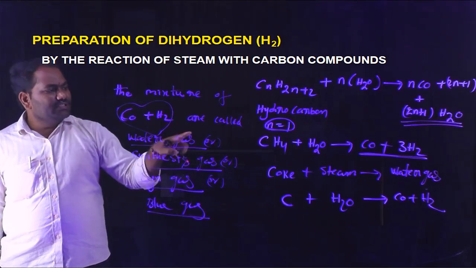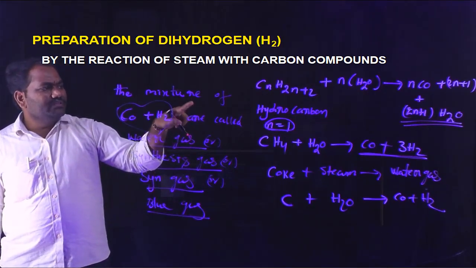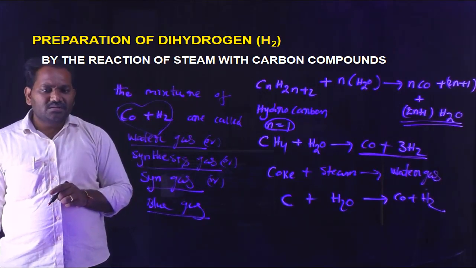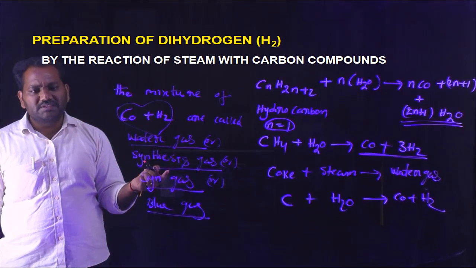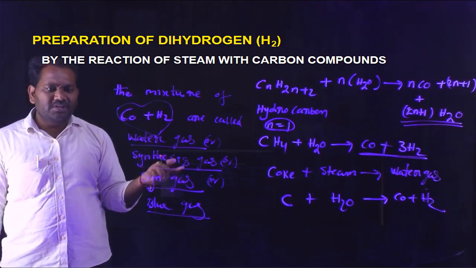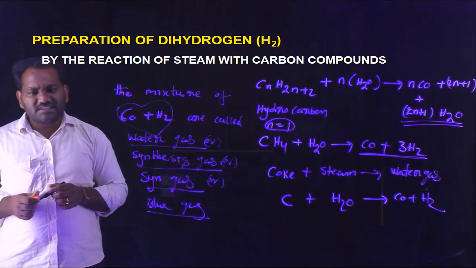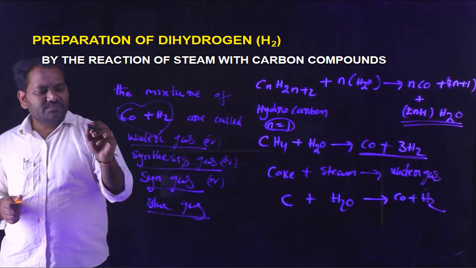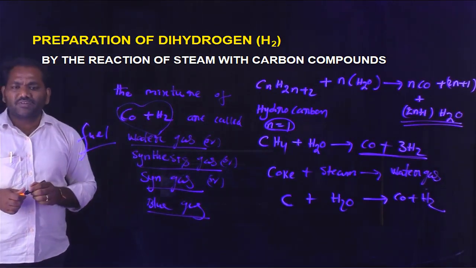So like this, when steam reacts with hydrocarbons or coke to give dihydrogen along with carbon monoxide, that mixture of CO plus H2 is called water gas or syngas. It is a very good fuel. Water gas is a good fuel.